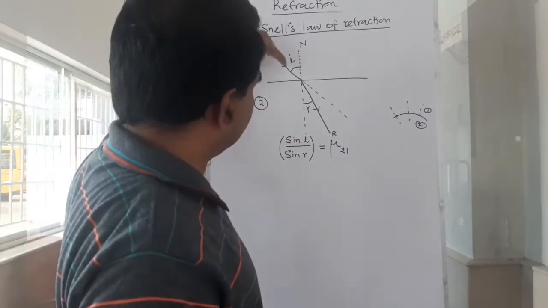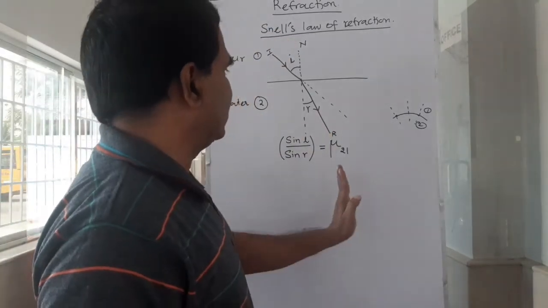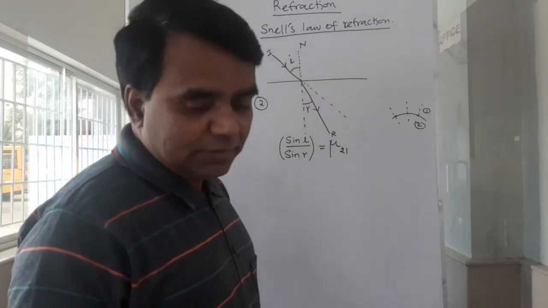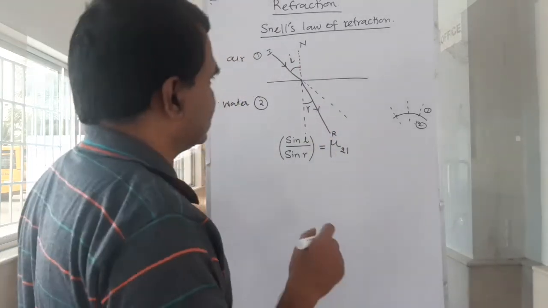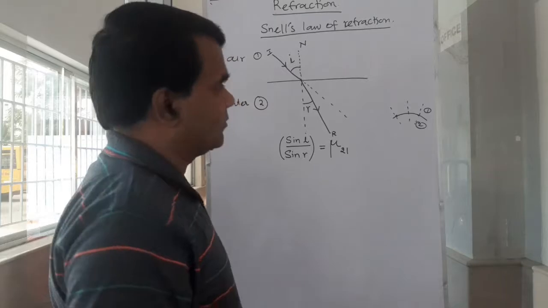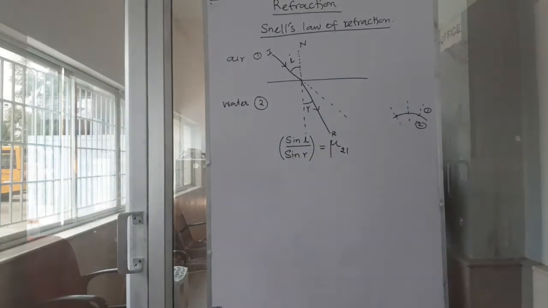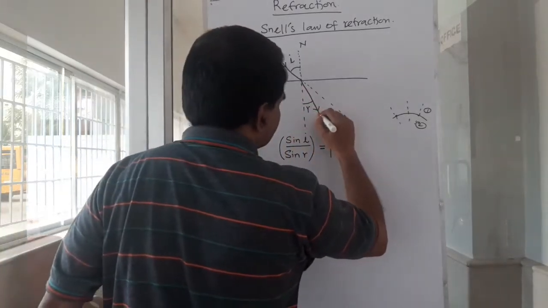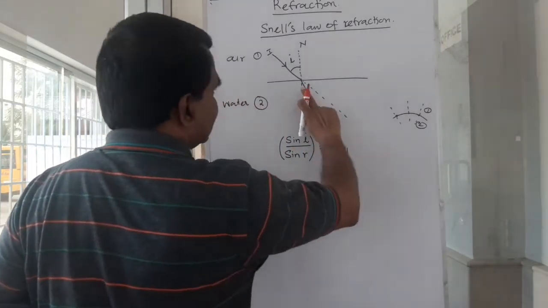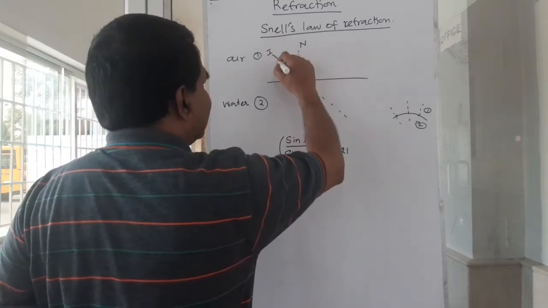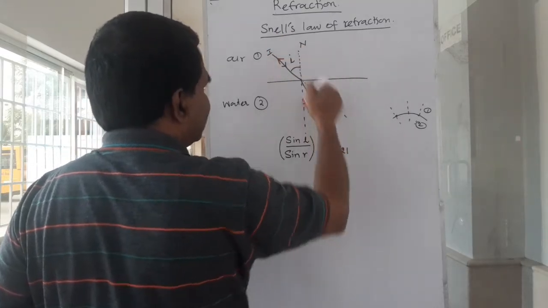Rather than light coming from air into water, what if I send light from water out into the air? It turns out that this will retrace the path. If I send light in this direction along this line, then in air it will retrace the path in this way.